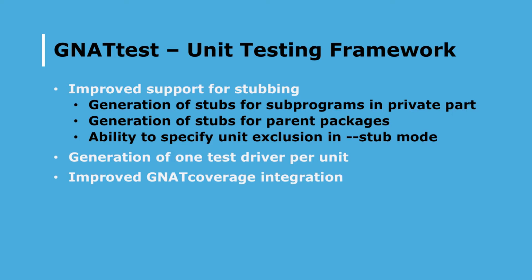In particular, we now support generation of stubs for subprograms in the private part of your packages, and also generation of stubs for parent packages when you have parent and child packages. You can also specify to exclude some units in this stubbing mode. So that basically completes support for stubbing in GNATtest.